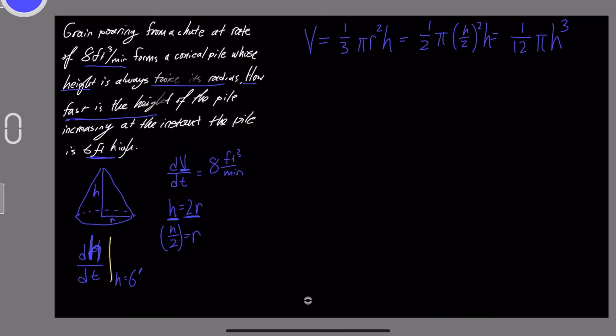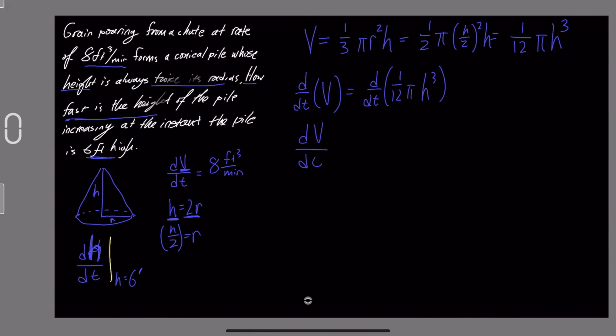Okay, so now that we have our equation, let's do the actual derivative. We're differentiating again everything with respect to time. d/dt of 1/12 pi h cubed. All right, and actually doing this, we get dV/dt is equal to pi over 12 times 3h squared dh/dt.